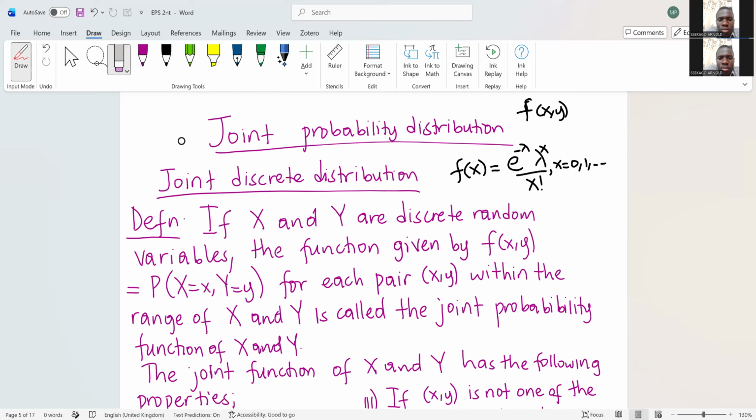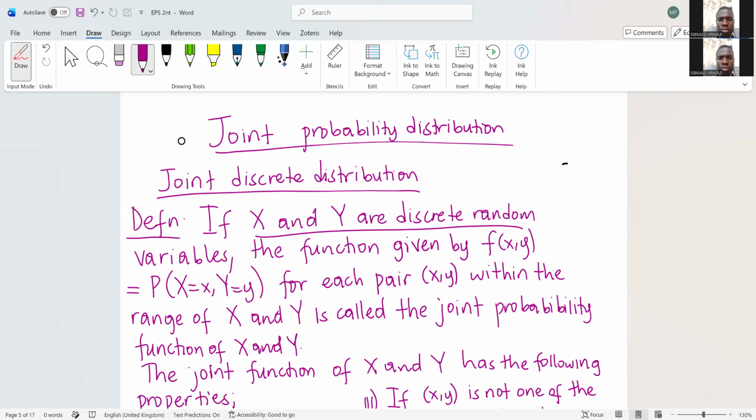Still, in the previous module, we looked at discrete and continuous probability distributions. So here for joint distribution, we are going to look at both joint discrete and joint continuous. So what do we mean? Technically, if x and y are discrete random variables, the function f takes on the variables x and y.